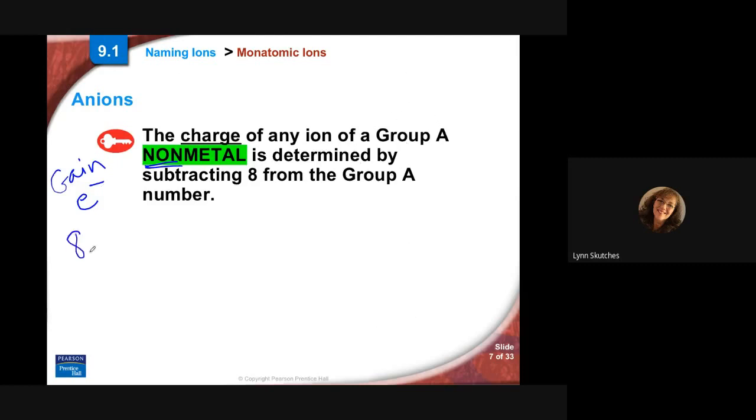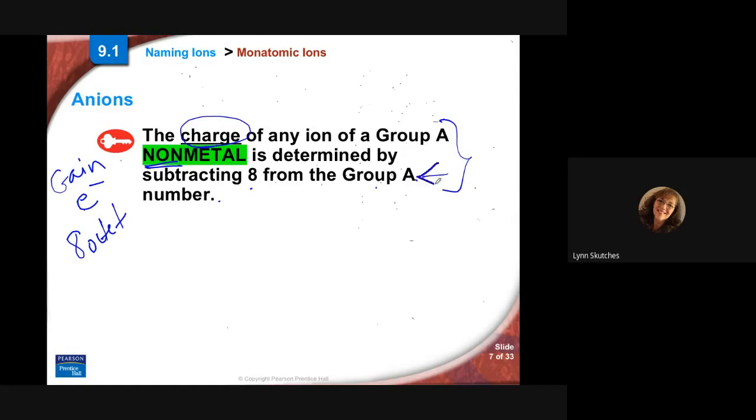Everybody wants their octet, and so they're going to add electrons, getting them from a different atom, from a metal. The book has this little trick for figuring out the charge. It's really not that hard to just look at a periodic table, but if this helps you, great. They say subtract 8 from the group A number.